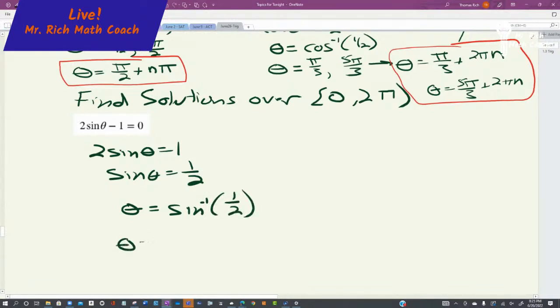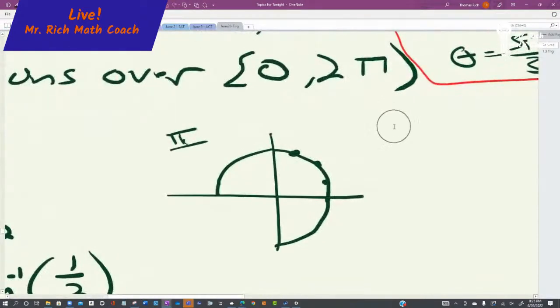And then I have to consider on my unit circle, when is sine equal to 1/2? Well, I know that I have to be in what quadrant? So I'm going to be in the first and second quadrant. That's where sine is going to be positive. I'm drawing it out for you here so that you can see what I'm picturing in my mind. I know in the first quadrant, remember I said 1, 2, 3, 1, 2, 3, meaning 1/2, and all these denominators are 2.